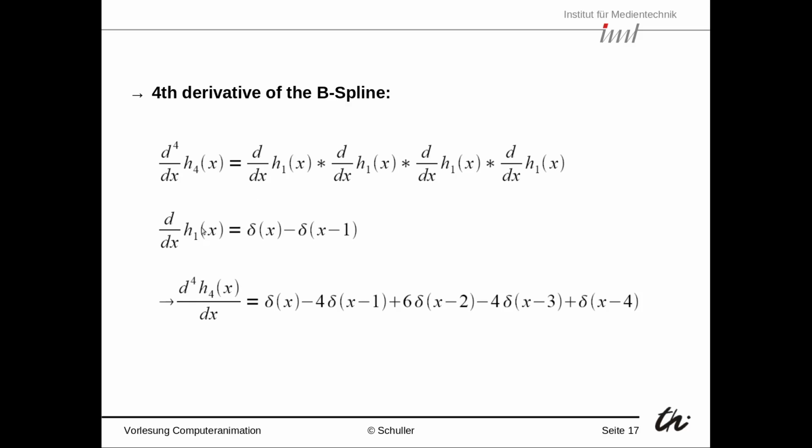And the derivative of the box function consists of 2 Diracs. Right? Box function has an infinite slope at the beginning and the end. So it's increasing in the beginning and decreasing in the end. And that's why we have positive sign here for the beginning and negative sign here at the end of the box function.